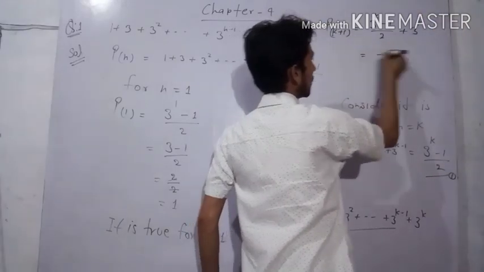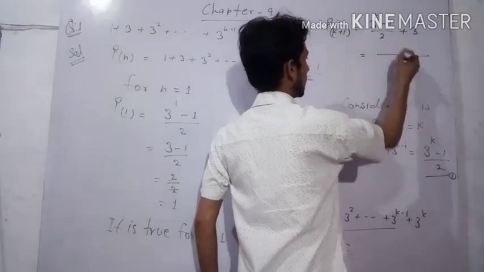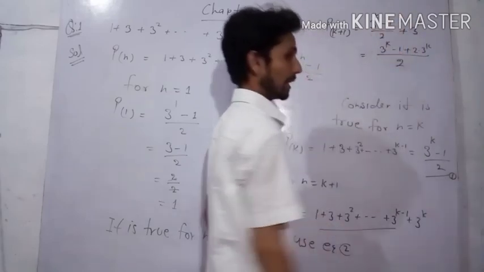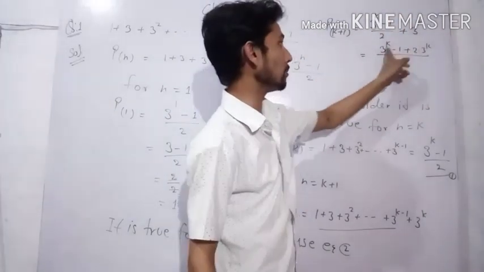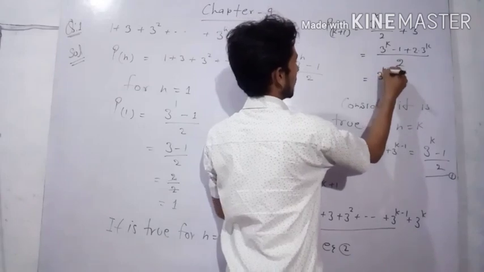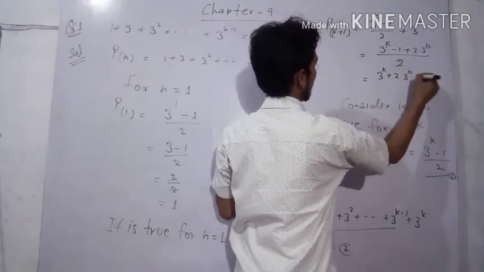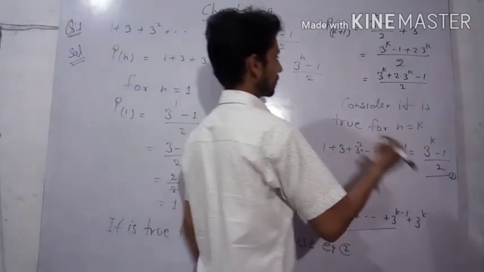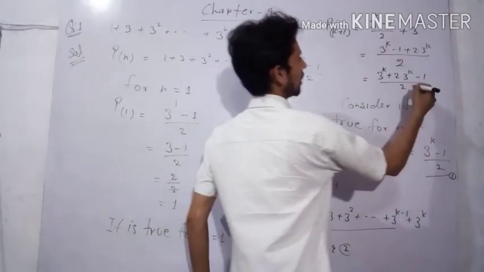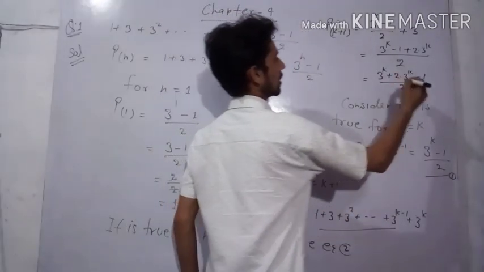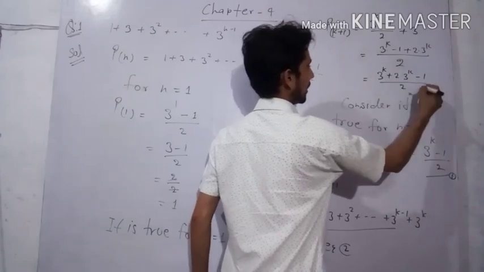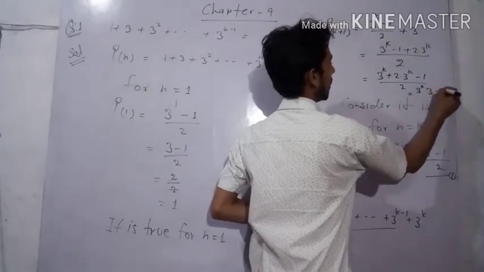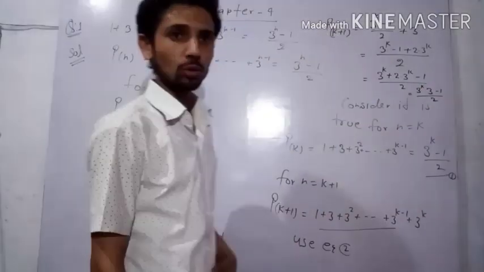Now take LCM here. 2 is LCM here. 3 exponent k minus 1 plus 2 into 3 exponent k upon 2. So now take common 3 exponent k. 1 plus 2 equal to 3, minus 1 upon 2.